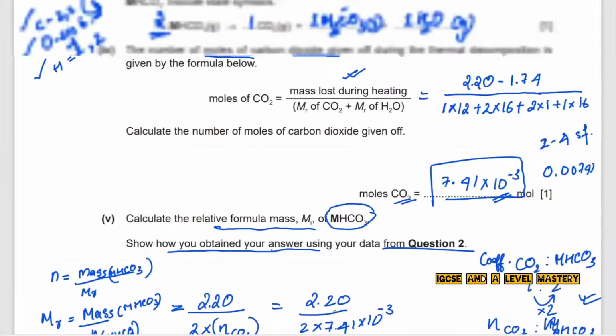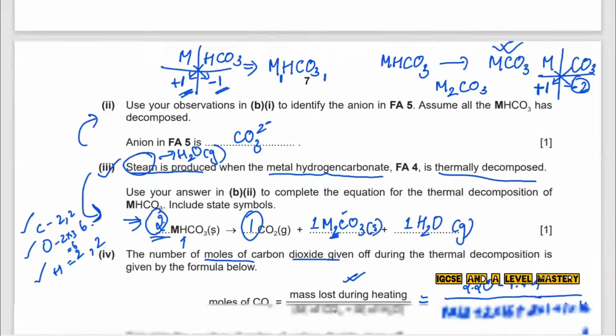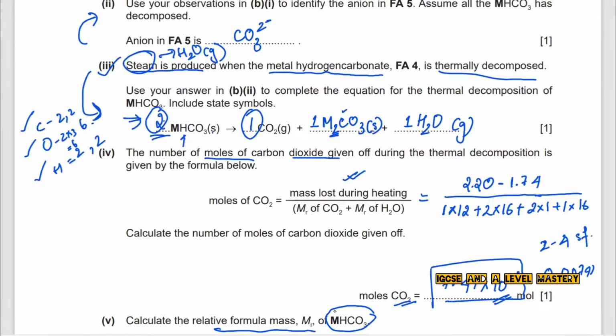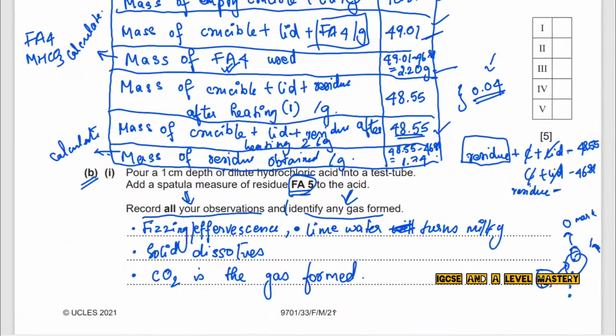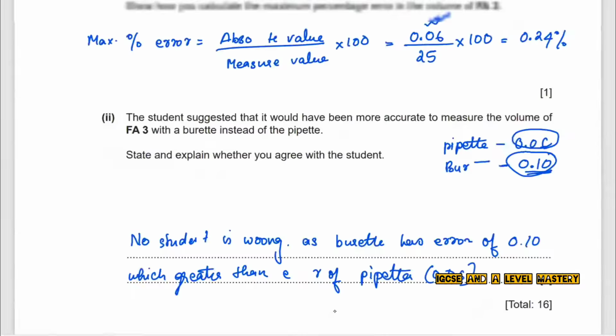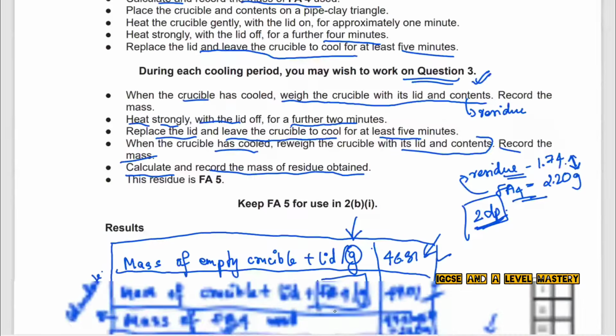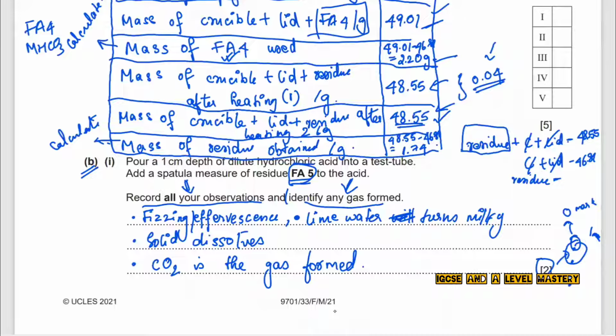You can also write other reasons as well. For example, if you are not getting constant mass in heating 1 and heating 2, then definitely the first one is going to be more accurate, because the mass is not constant in the second question, right?